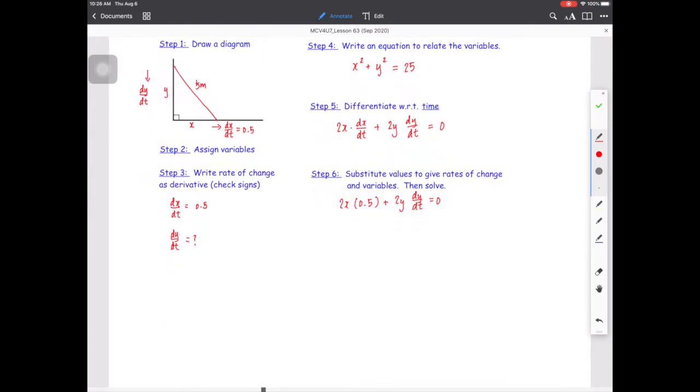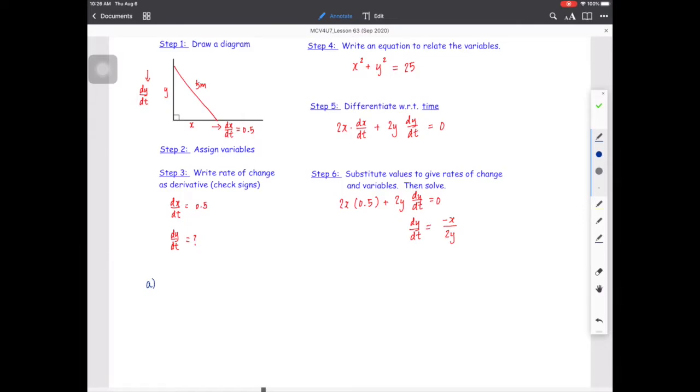In other words, dy by dt is negative x over 2y. So this is a general equation. Let's apply this to solve part A and part B of the problem.